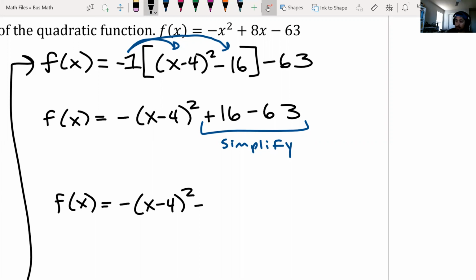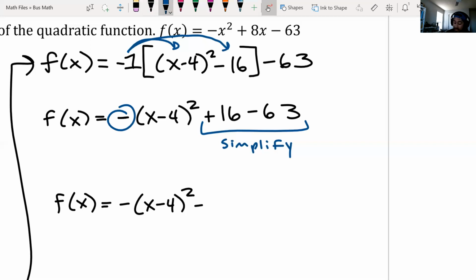So you distribute the 1, but you leave the negative sign? Well, you distribute the -1. Then why did the x minus 4 stay the same? Because you can't distribute it inside the parentheses. You're multiplying the whole thing by it. So that's why that -1 is still outside.